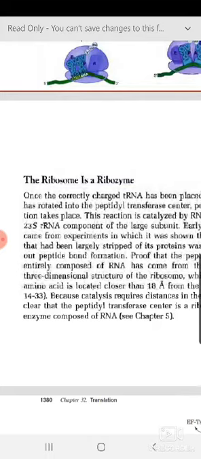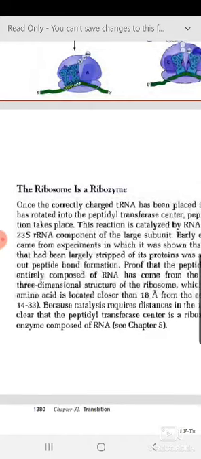No proteins are involved. So after finding this involvement, that RNA can function like a protein, scientists have interpreted that the ribosome is a ribozyme.